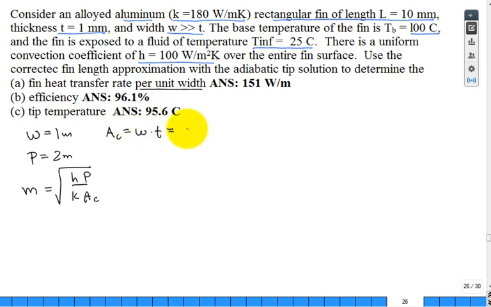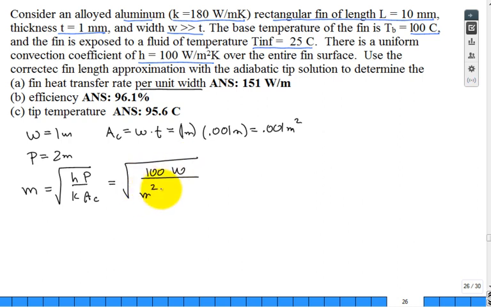So 1 meter times the thickness of 0.001 meter. So it's 0.001 meter squared. All right, and then we have our k. So we can crunch this number, h, 100 watts per meter squared Kelvin. Perimeter, that's 2 meters.